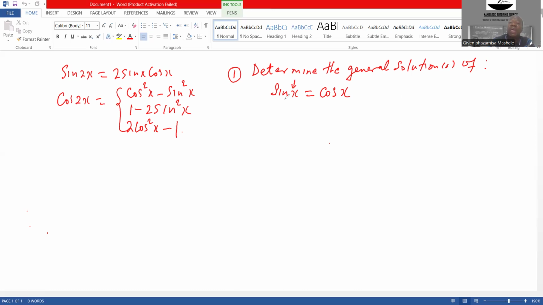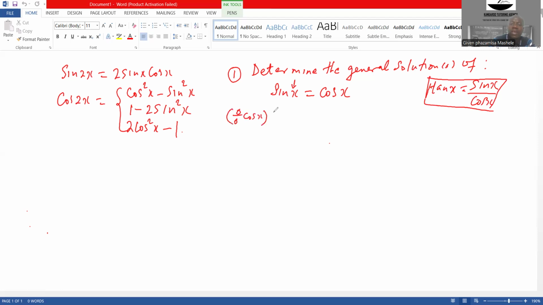It means that if the angles are the same like this, we can resolve this to have tan, because we know that tan of an angle is sine over cos. So what we're going to do is divide both sides by cos x.